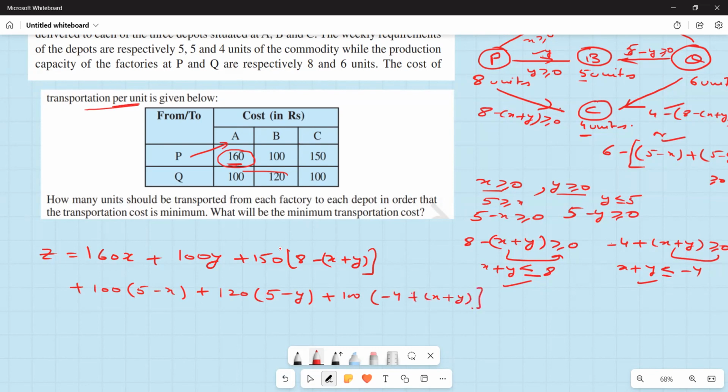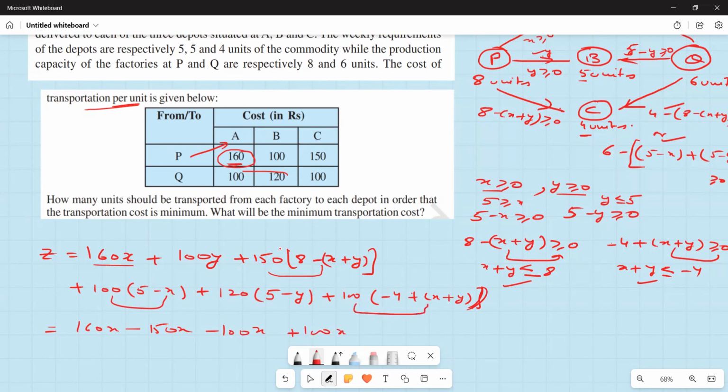So this is your objective function for transportation purpose. So that will come 160x plus 1. But solve it. This will give you 160x. Then minus 150x from here. Then minus 100x from here. Then plus 100x from here.